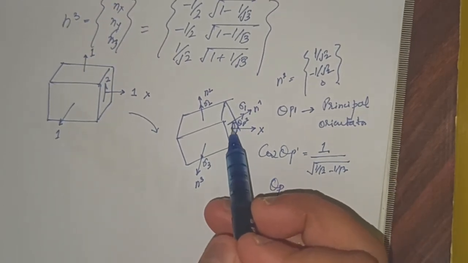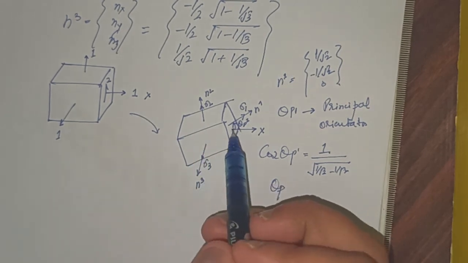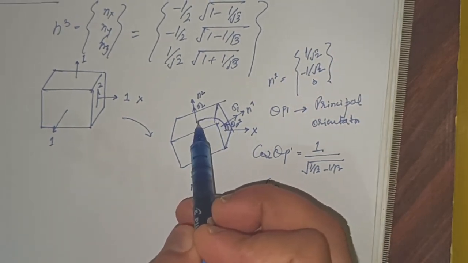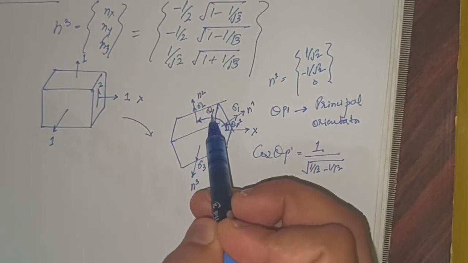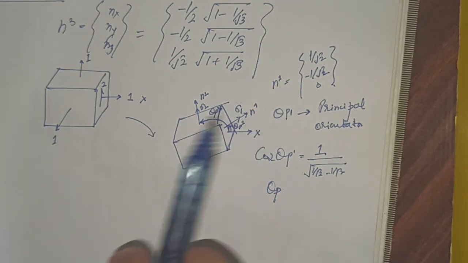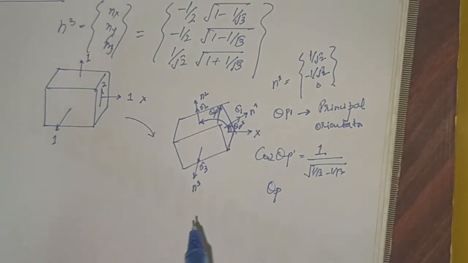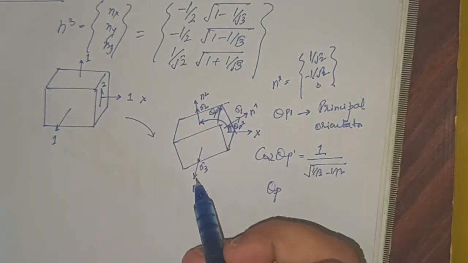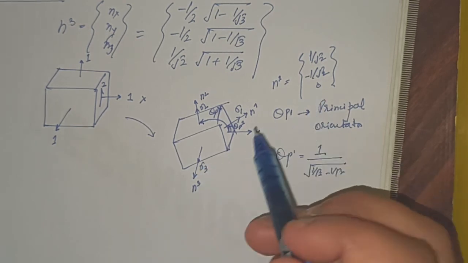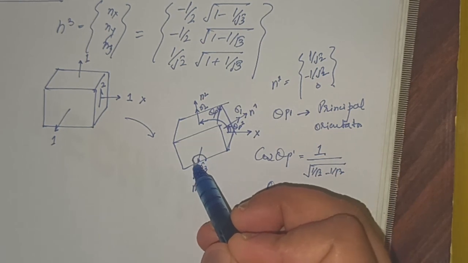Theta p is the rotation here. In a similar way, there will be a theta p existing for sigma 2 also. This will be theta p2. And remember that whenever the orientation occurs, it occurs about a certain plane. So let's say my orientation here is occurring along this sigma 3.